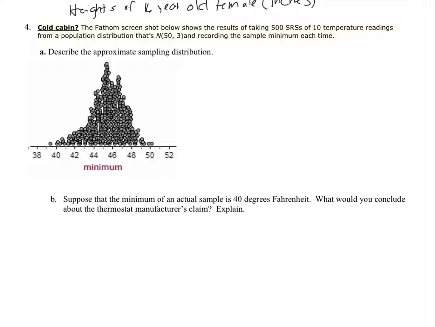So number 4, cold cabin. The Fathom screenshot below shows the results of taking 500 SRSs of 10 temperature readings from a population distribution that's normal with mean 50 and standard deviation 3, and recording the sample minimum each time. Describe the approximate sampling distribution.